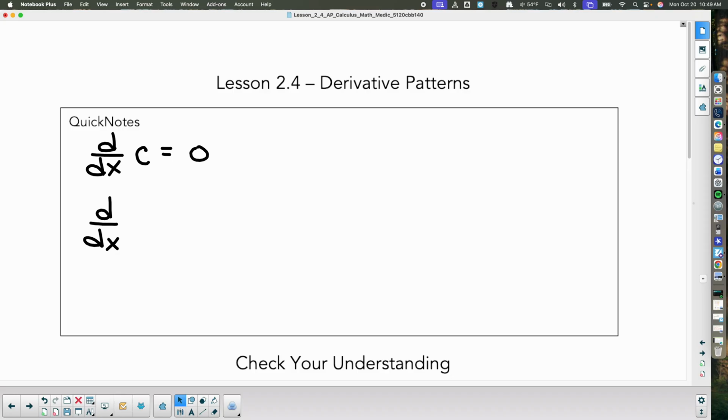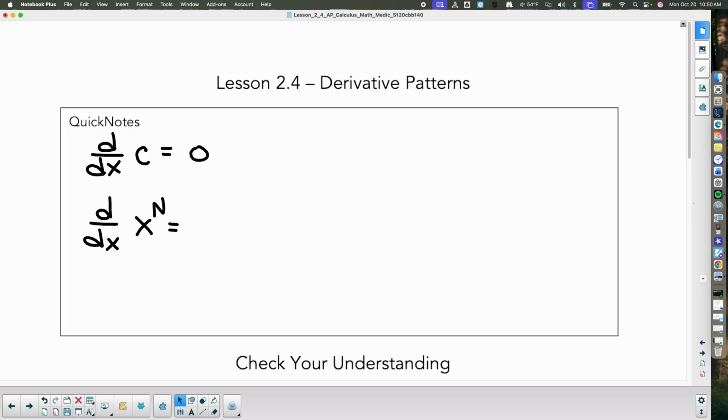Now, anything that can be written with a power is theoretically polynomial. And I very specifically said polynomials, but what I should have said is anything that can be written with a power. So, if I have x to the nth power, it doesn't matter what power you got.